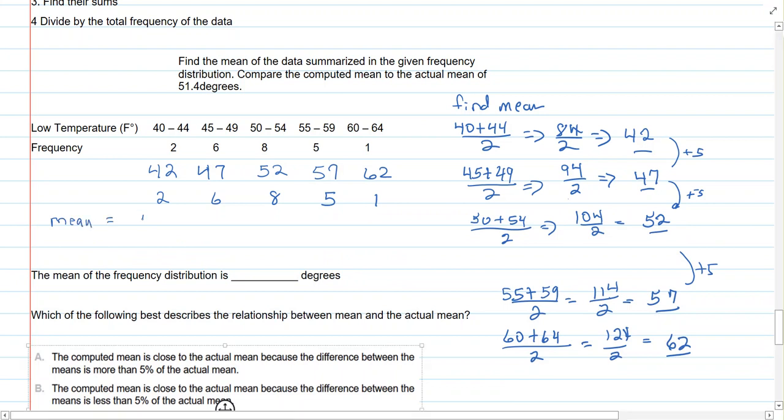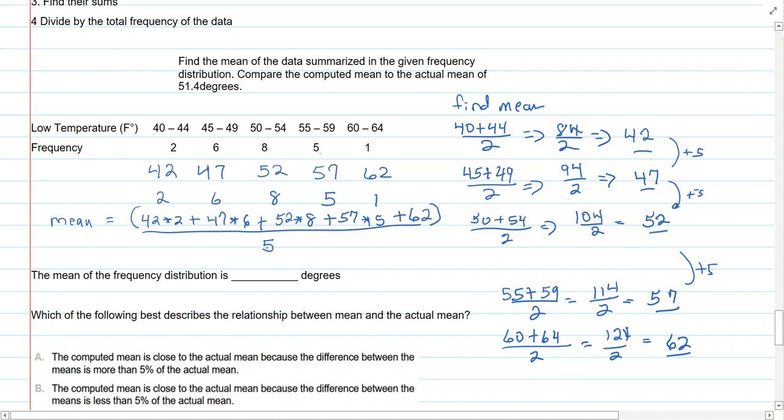So we're going to have parenthesis 42 times 2 plus 47 times 6 plus 52 times 8 plus 57 times 5 plus the 62, and we're going to divide that number by the total.